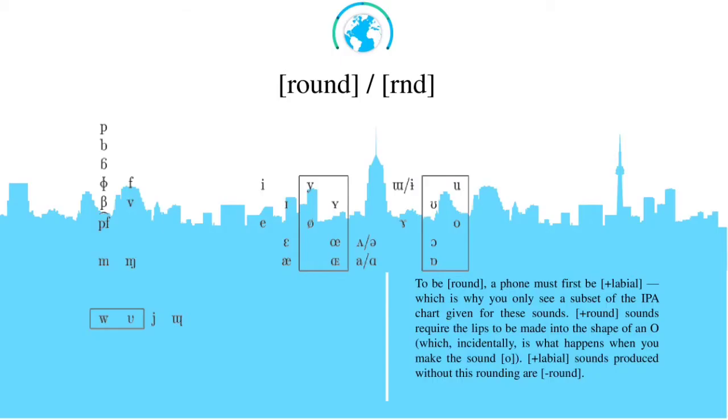Then we talk about plus and minus round, and this also applies to vowels, because we use our lips to change the shape of our vowels too. But we'll cover that more in the vowel video. Examples of plus round are w, u, o, and minus round something like i, e, a.